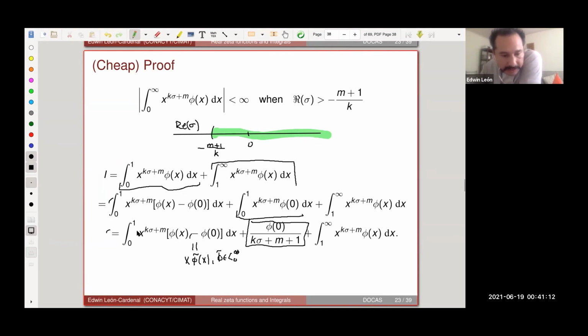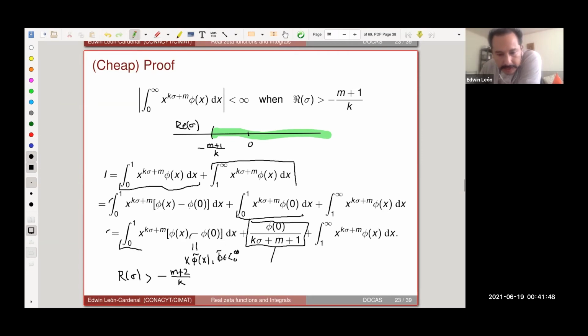So what happened is that in this first integral, I have x to k sigma plus m plus 1 multiplied by phi tilde. So this first integral is defined when the real part of sigma is greater than minus m plus 2 over k.